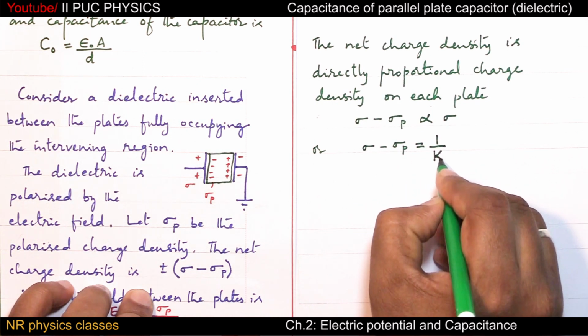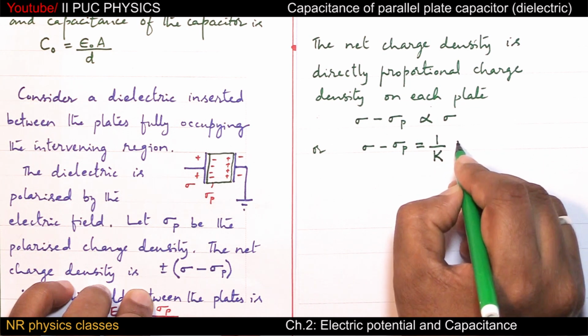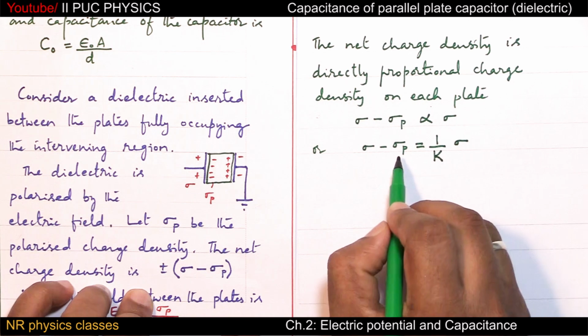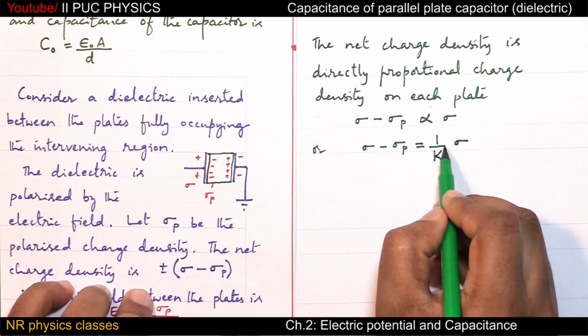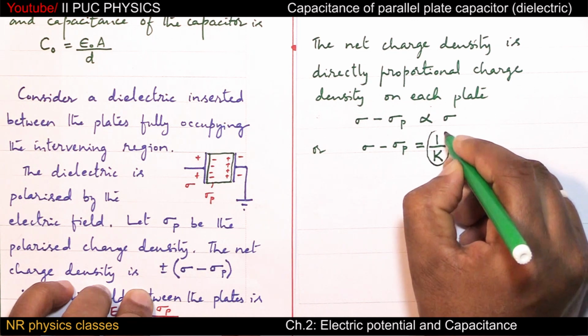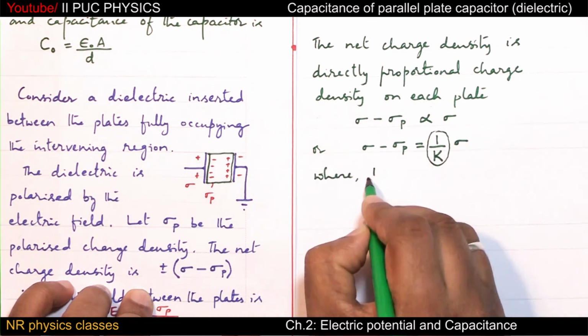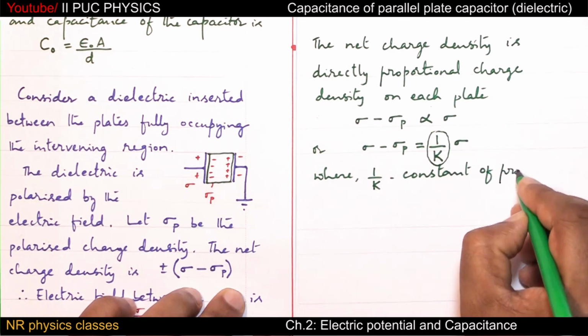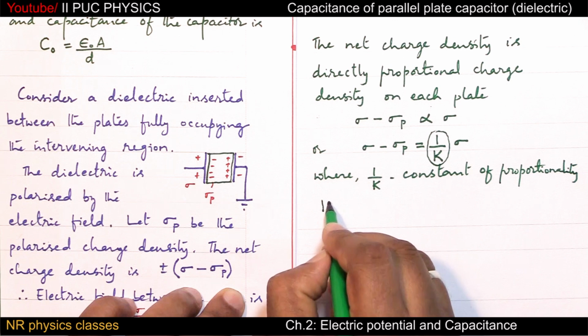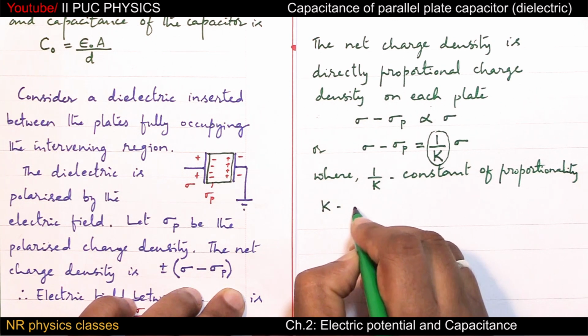So this 1 by k is the proportionality constant. Students, usually we consider k as proportionality constant. Here this is the constant of proportionality, and this k is called dielectric constant.